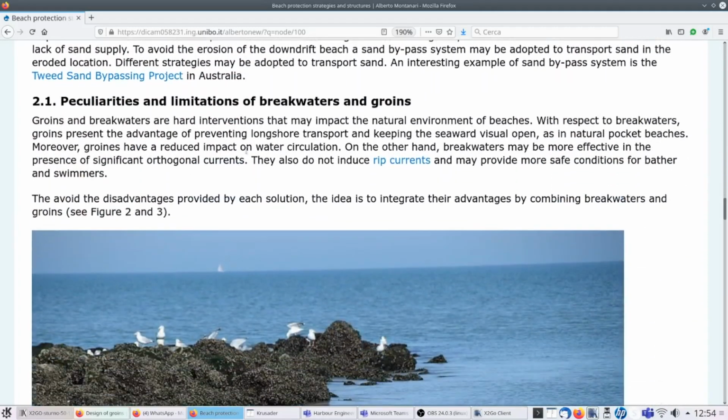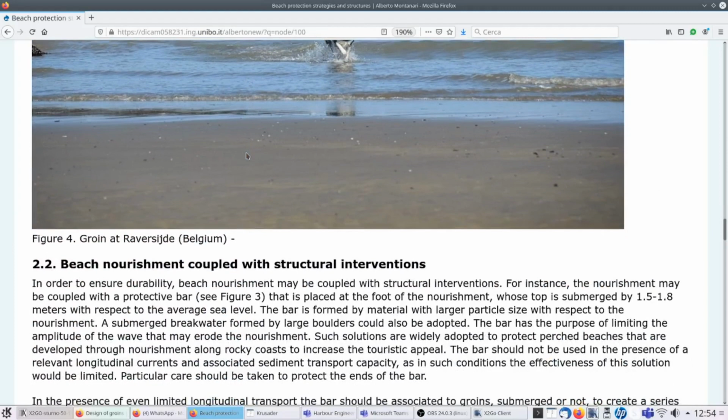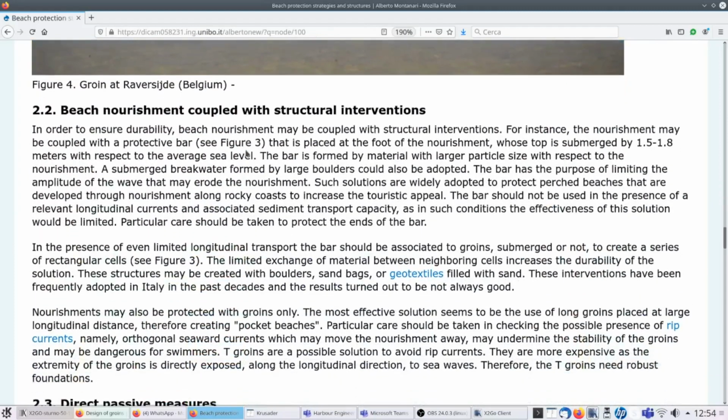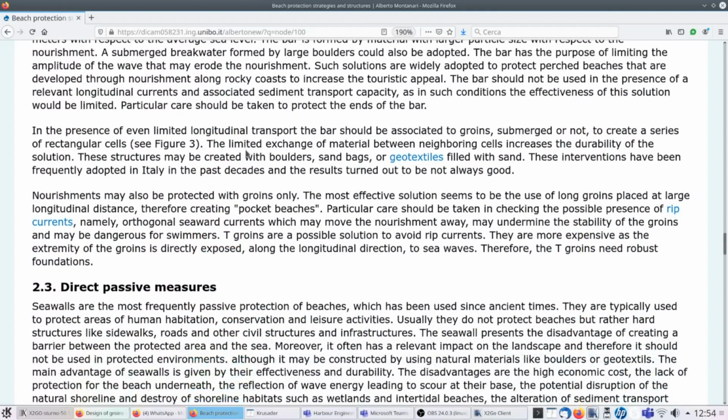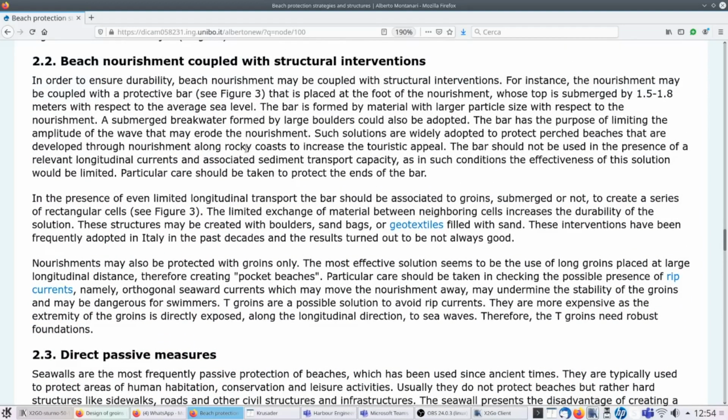Okay, beach nourishment, I think I already described it. And here there are some details that I invite you to read. Also, beach nourishment could be coupled with infrastructures made by natural material, like geotextiles and sandbags, and sometimes they are an interesting solution.